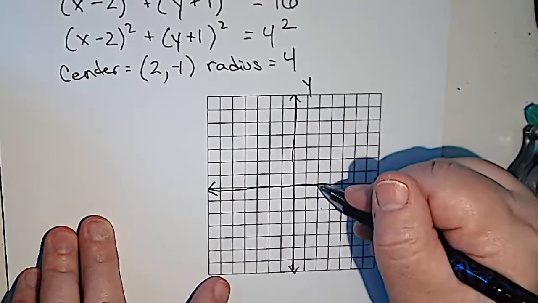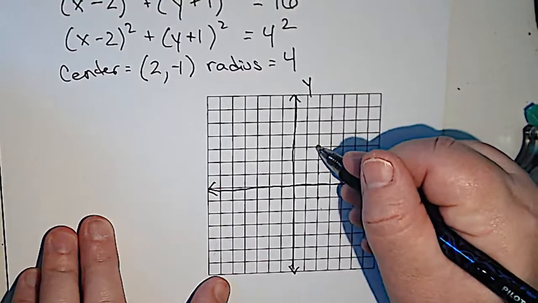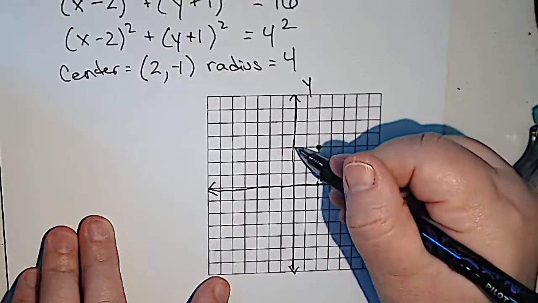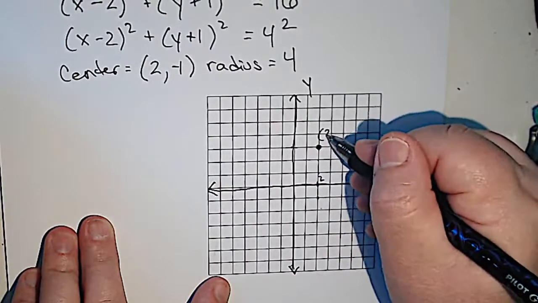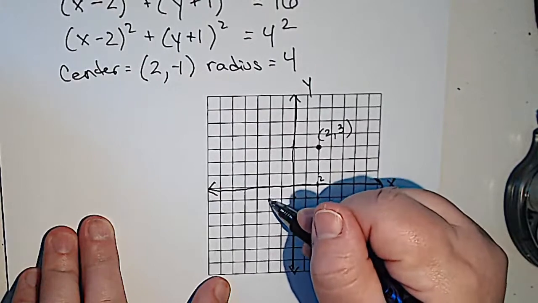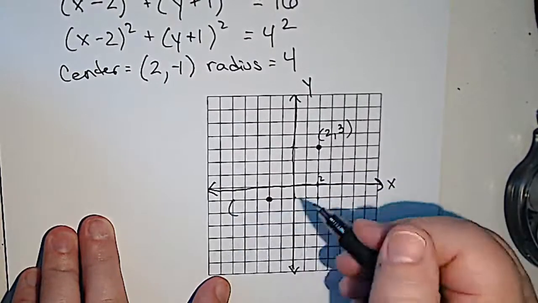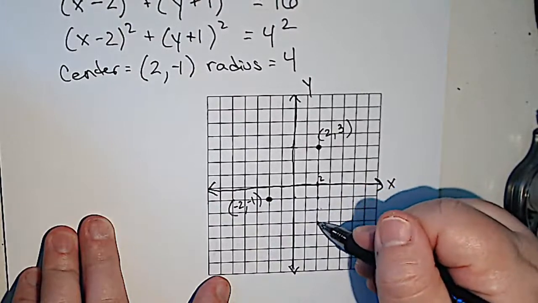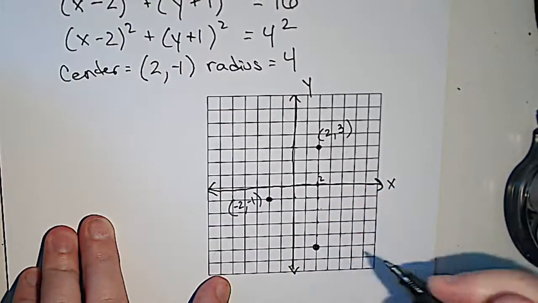And then I count up 1, 2, 3, 4. And this point is at x equals 2, y equals 3. So this is a 2, 3. 1, 2, 3, 4. This point is at -2, -1. 1, 2, 3, 4.